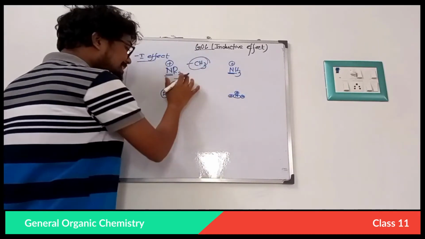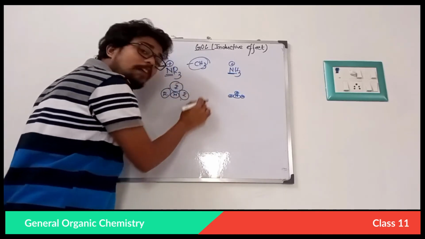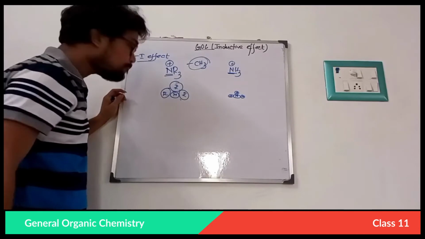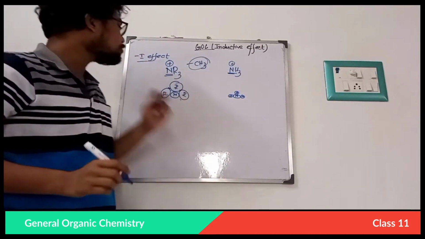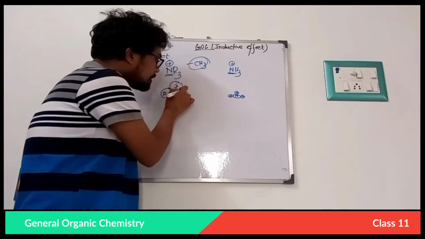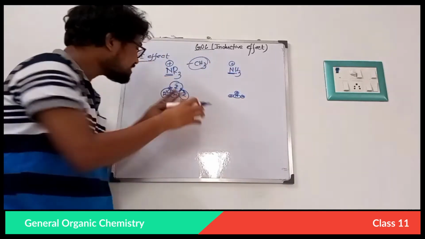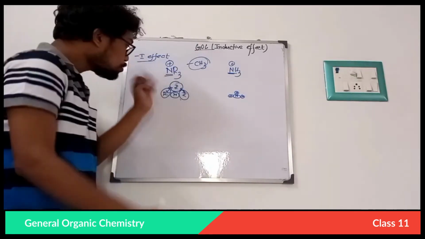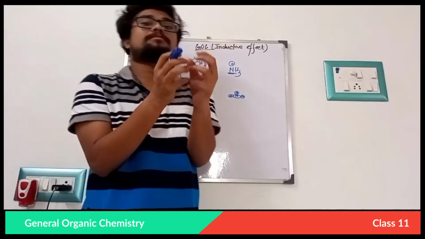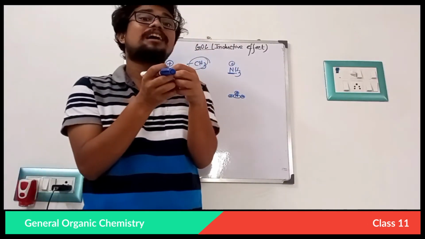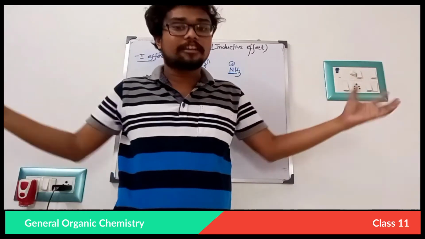Okay, so in this case NR3+, due to the larger size of these three R groups, there is a collision between two R groups. There is a repulsion. Due to this repulsion, when something is repelled by something, they try to avoid the repulsion and go far away.